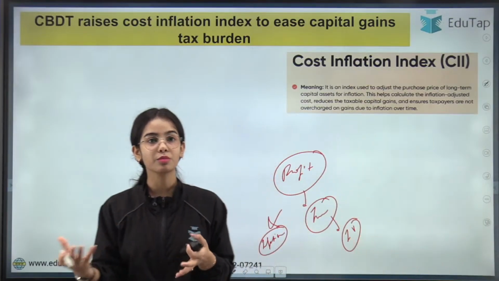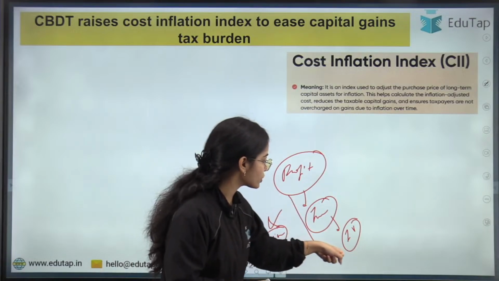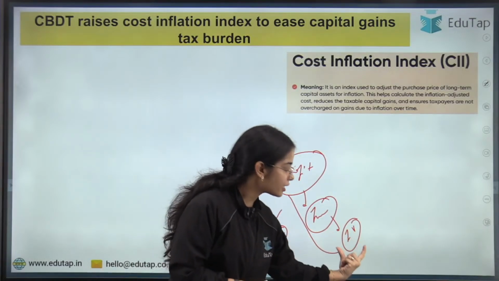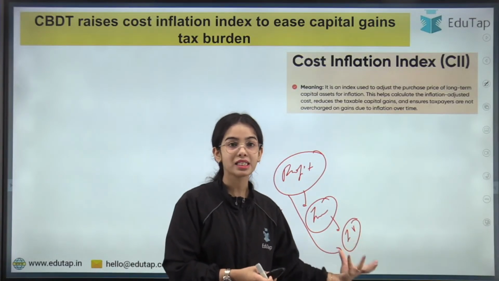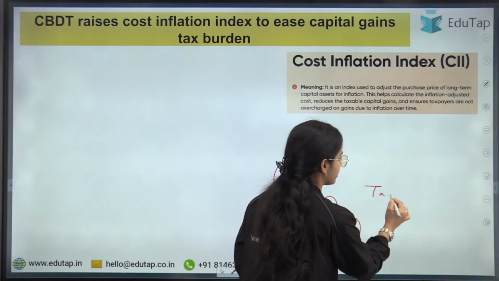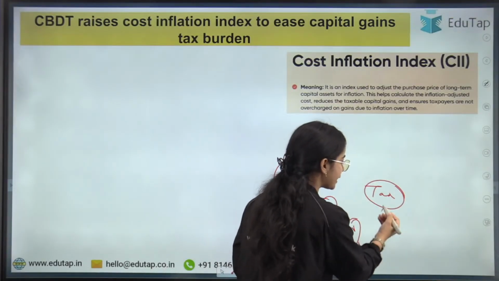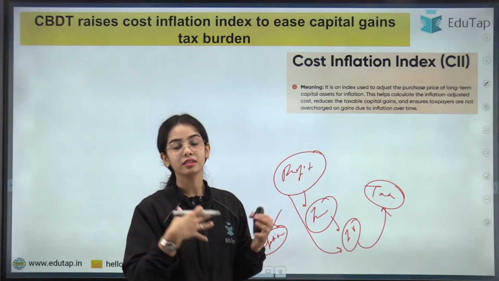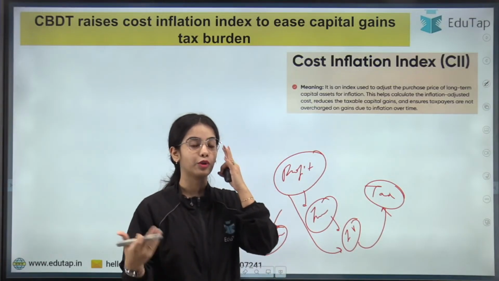In real terms, we want to see what is the increase in inherent value of the property. And the tax should be taken on the inherent value of the property and the gain from the inherent value of the property.